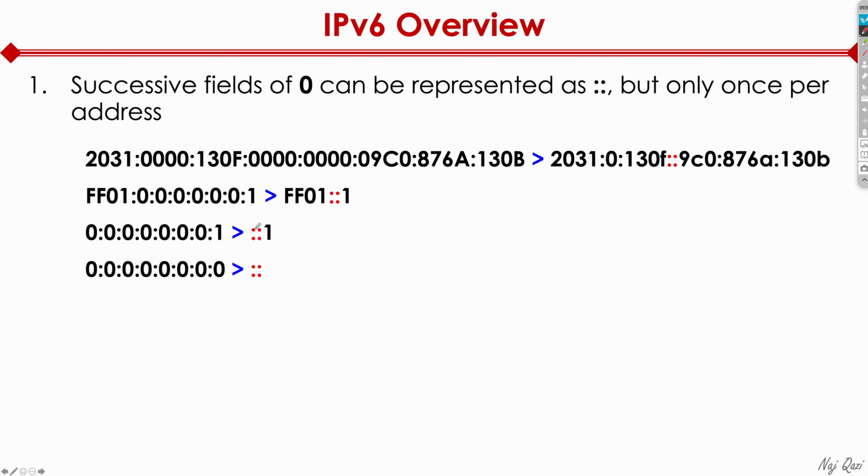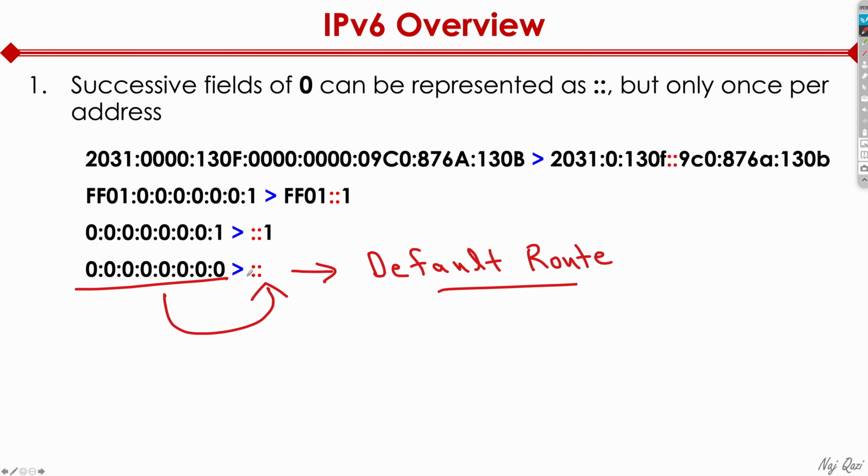And I mean, check this out. If you thought this was beautiful, here you might actually get tears in your eyes, okay? Here we have all zeros collapsed into a double colon. How beautiful is that? And by the way, this is how we represent a default route in IPv6. This is way simpler than 0.0.0.0 in IPv4.